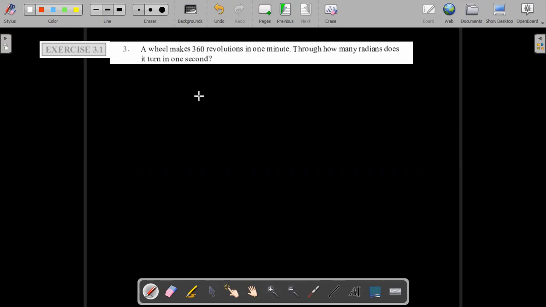In 1 minute this wheel is rotating, and in 1 minute the number of revolutions is 360. Correct? It is given.